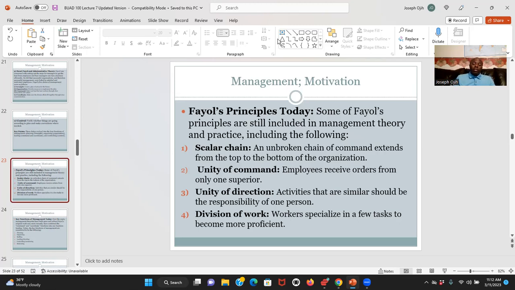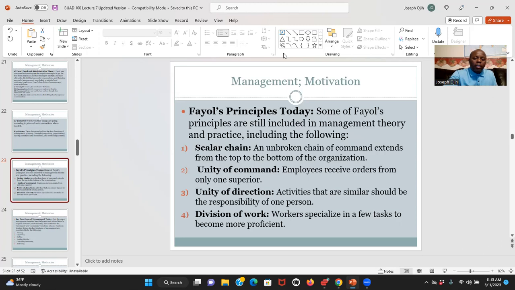If you look at the organizational structure, you see the chain of commands from the top management, you see the board of directors, the CEO, then the vice president, then middle managers, and then the other managers, before they get to the floor, people who work on the floor. So there's an unbroken chain of command that extends from the top to the bottom of the organization.